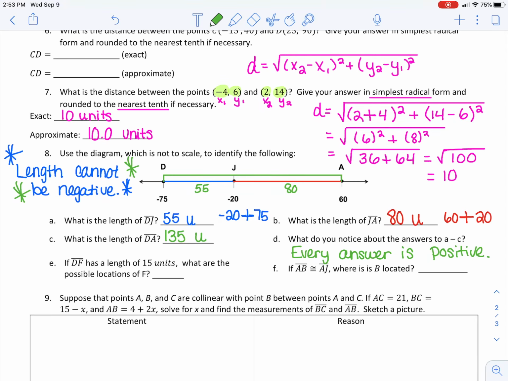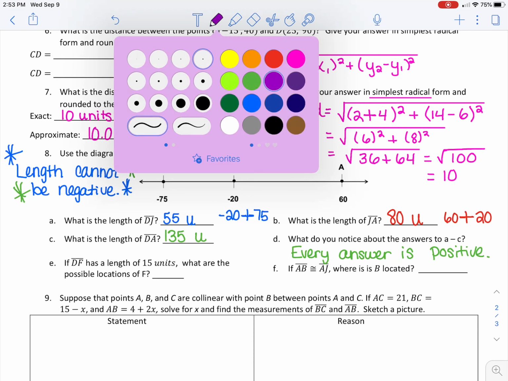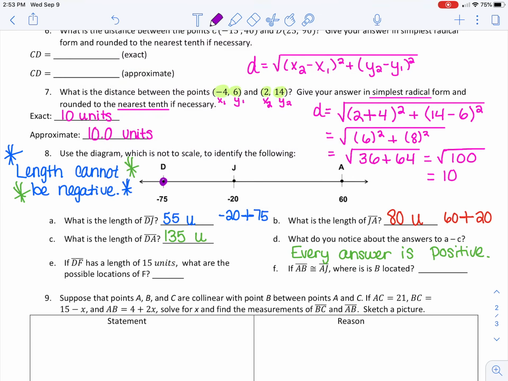So then it says, if DF has a length of 15 units, what are the possible locations of F? I'm going to erase what I have up here. One of your points is at D, so we're going to be here at D. Your length of DF is 15 units, so we can be 15 units this way, or 15 units that direction.